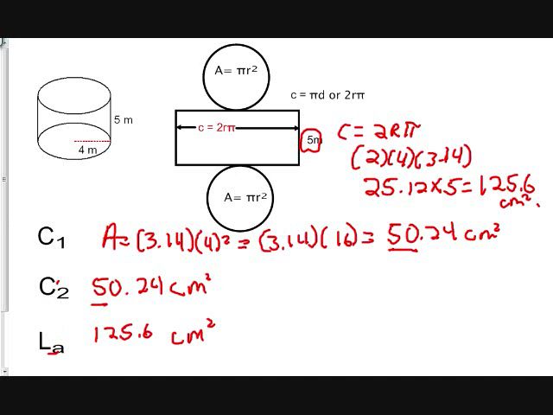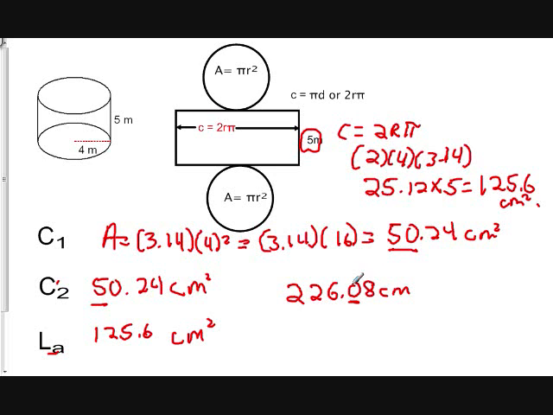So I'll pause it. You should pause the video and go ahead and add these and see what you come up with. Now, if you've completed your addition, you should have come up with 226 and 8/100 centimeters. And if we're going to round this to the nearest tenth, there's the rule.